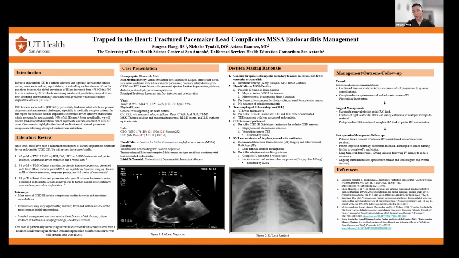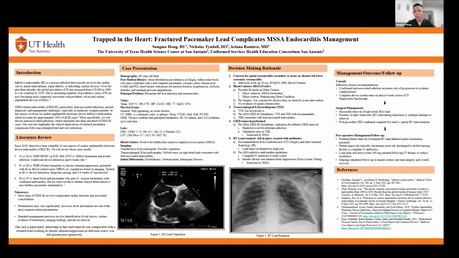And as technology has advanced and we have more prosthetic valves and cardiac implantable devices, the number of cases relating to prosthetic valves or cardiac implantable devices have increased. And so CIED, which is the abbreviation for cardiac implantable device, endocarditis, is a lead-associated infection, and it makes up around 10% of all IE cases at the moment.